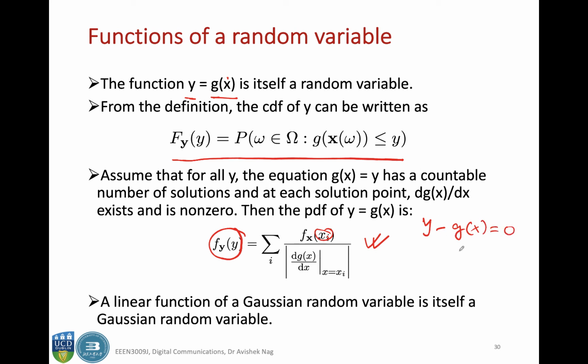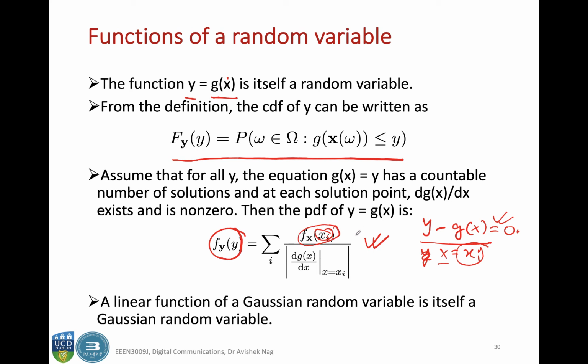At x equal to xi, let's say, you get this expression as 0. So there can be one value or many values of x that can solve this equation. Different values of x, denoted by xi, can give this expression y minus g of x equal to 0. So you take all those values, and you calculate f of x at xi for all those values.